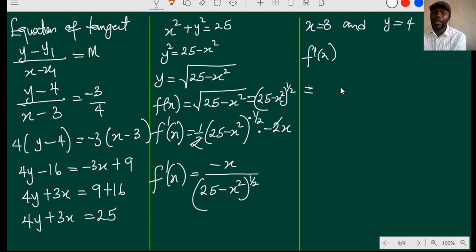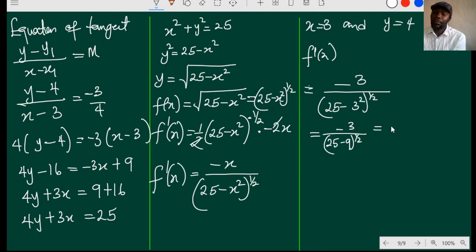We have something like minus 3 over (25 minus 3 squared) raised to power half, which will give us minus 3 over (25 minus 9) raised to power half, which is minus 3 over 16 raised to power half, which is the square root of 16.